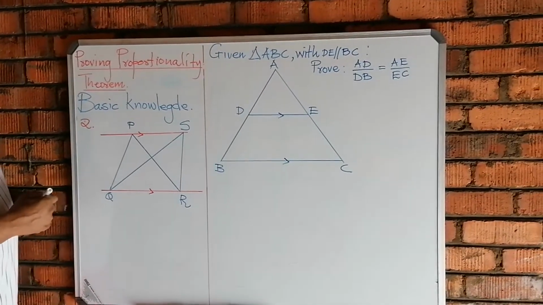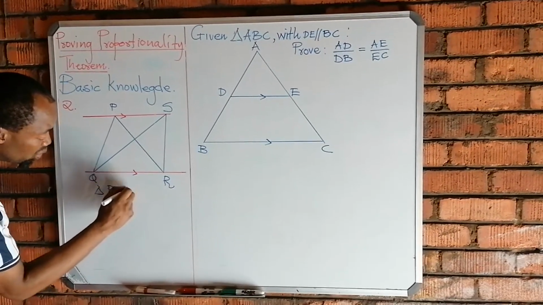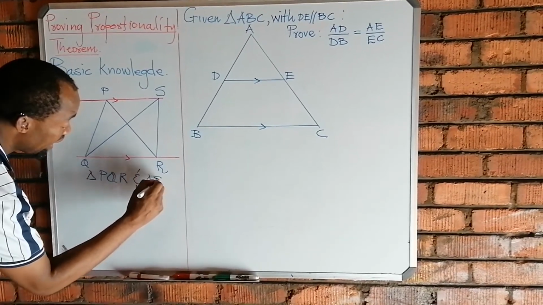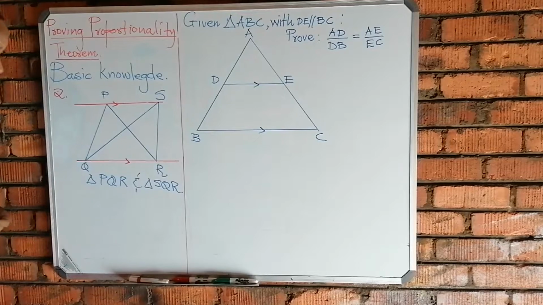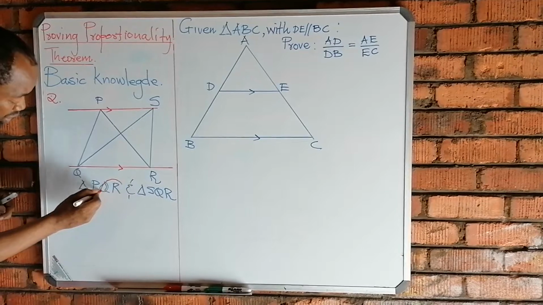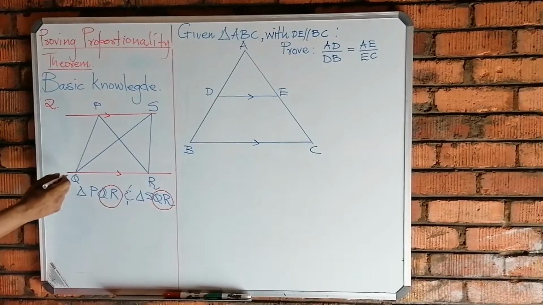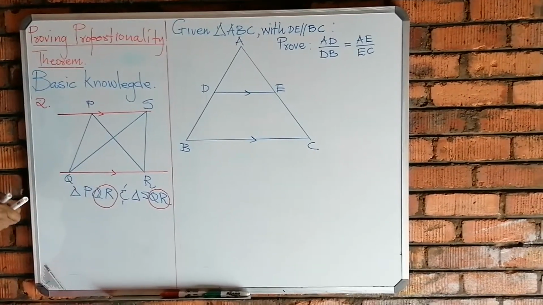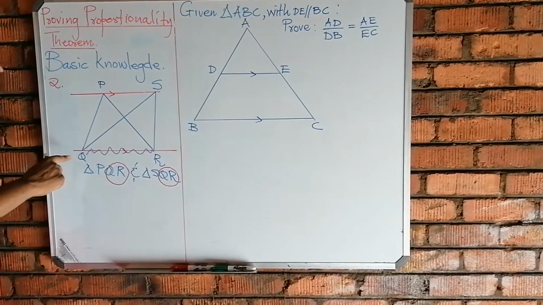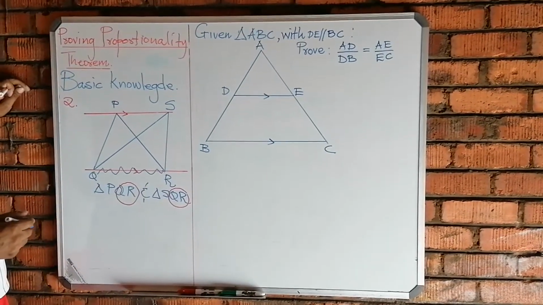Now, again, if you look at triangle PQR and triangle SQR, they have QR and QR. I am talking about this side. That means this side is common to both triangles.